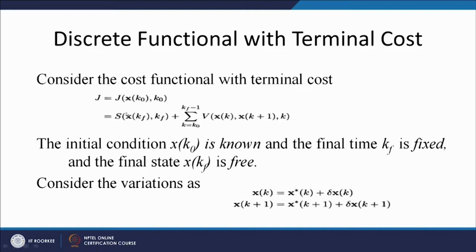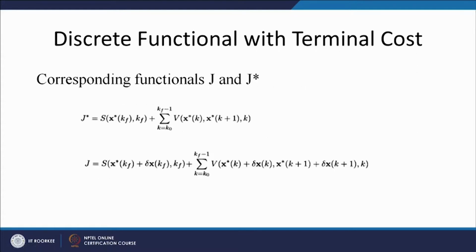This defines my terminal cost, and this is my summation cost. Again in a similar manner we consider the variation at the optimal point x star k, plus delta x k, and for x k plus 1, x star k plus 1 plus delta x of k plus 1. Our approach is similar.